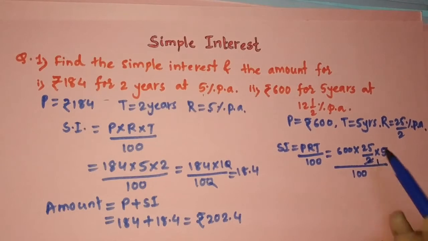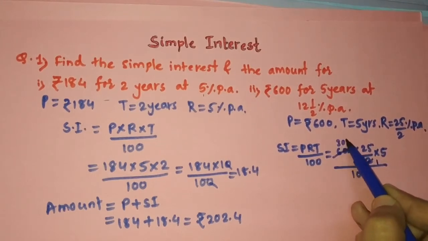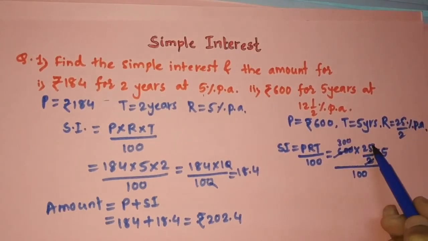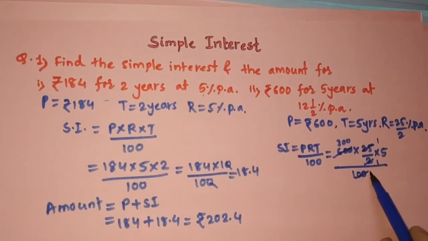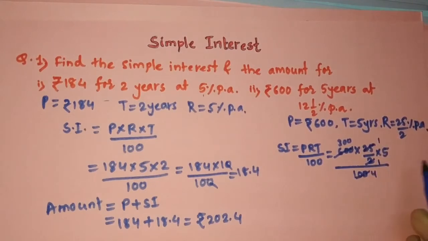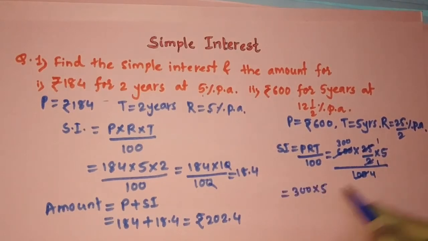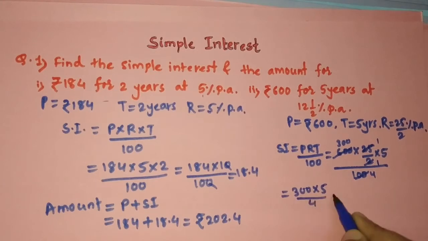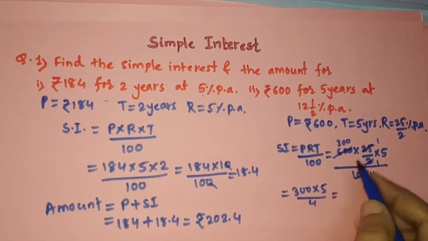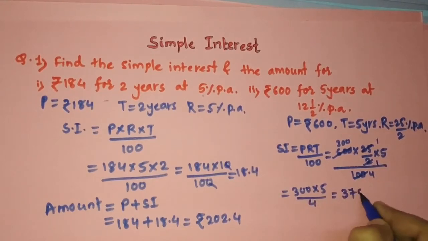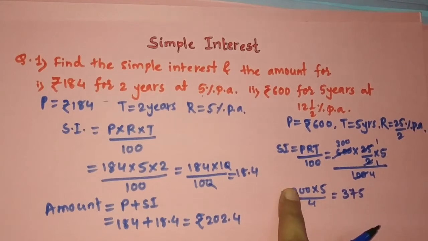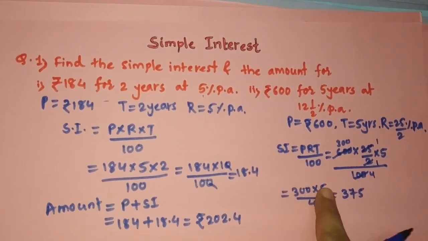Here you can go for 2 1s, and here you can cut 300, and this 25 1s you can get with this 4s, and then again you can simplify it. 300 multiplied by 5 divided by 4. So friends, you'll get here 375. Cut this 4 and this 300, you'll get 75, and then 75 5s are 375.